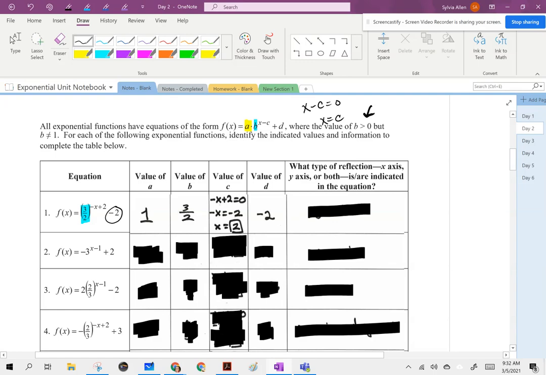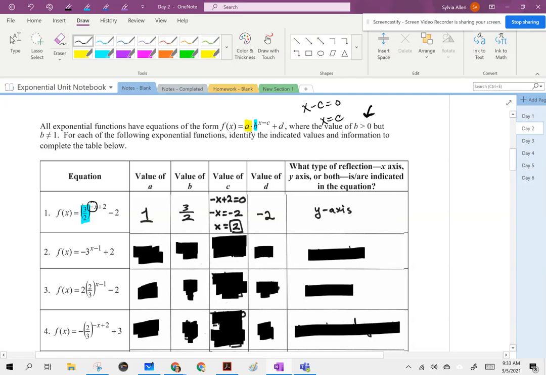And then it says what type of reflection, the x-axis, y-axis, or both, is indicated in the equation. So if you were to graph this, or even look at the equation, the fact that the x's are opposite will indicate that it is a reflection off of the y-axis.